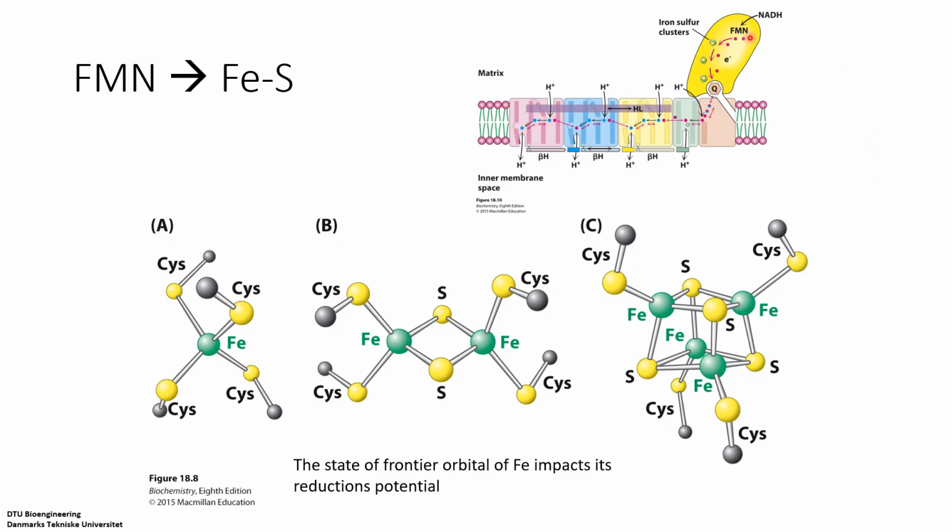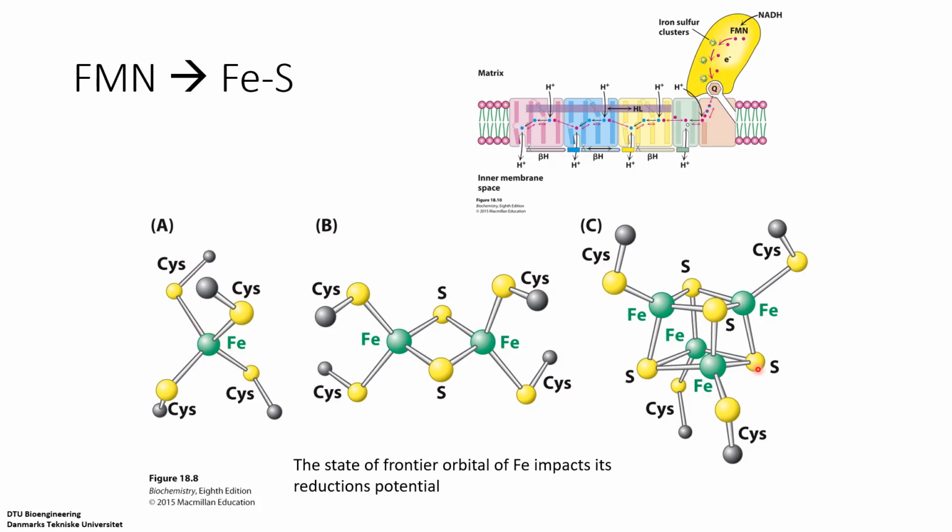Traveling through complex 1, in the upper part there's a binding of the FMN to an iron sulfur complex, which you can see down here. It indicates cysteines that donate sulfur, with an iron in the middle.